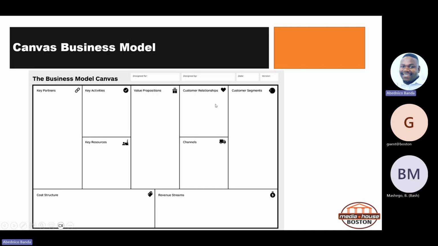Can you see the customer relationships there where I'm moving my arrow? Oh yes, I'm looking at it now. Self-service. But what about here on key activities? What would we need to do? Post about it on social media as a way of promoting it. Okay, that's channels.